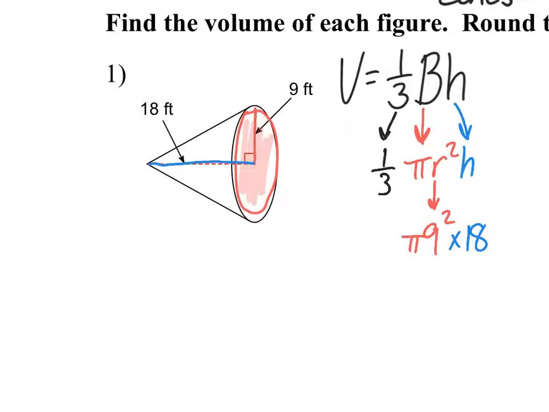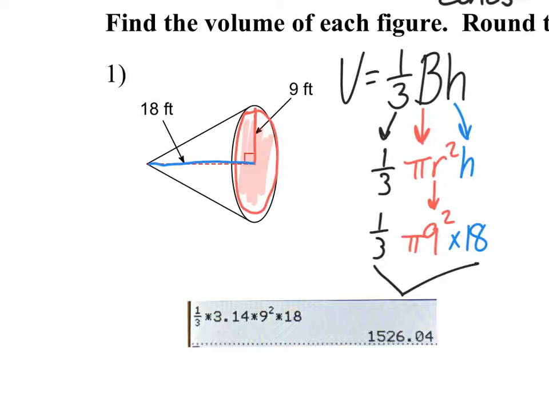And again, I'm going to keep that 1/3 right along with it, because at this stage, I can plug this right into my calculator exactly like I've got it. So you can see that's what it would look like in the calculator, and we get a total value of 1,526.04. Technically rounding to the nearest tenth, this is just going to be 1526.